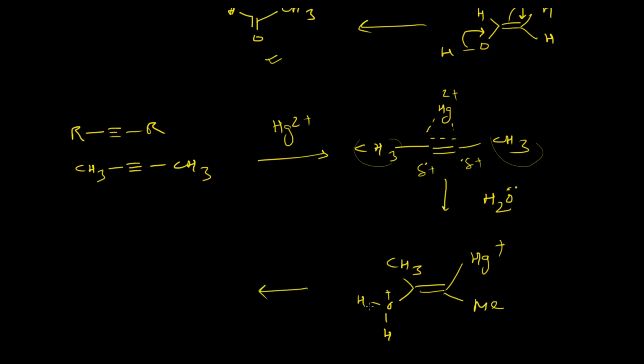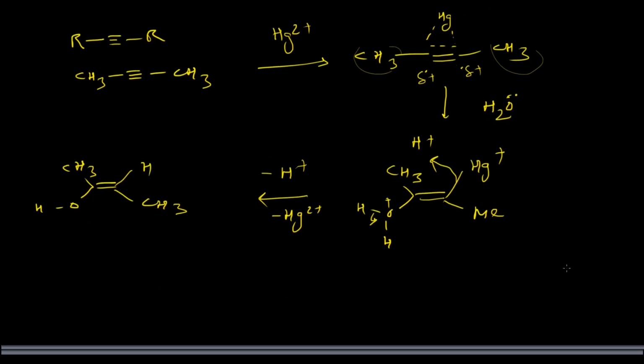And here also, after giving up one proton and replacing mercury with a proton, we will get the enol form, and this enol form will immediately tautomerize to produce the corresponding keto form.